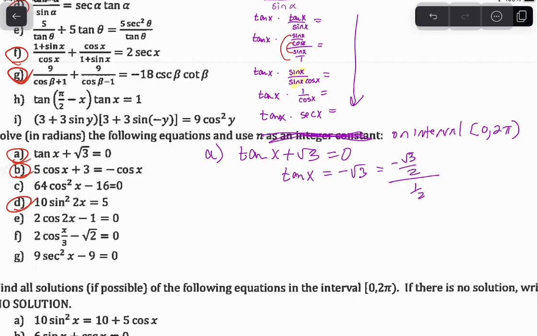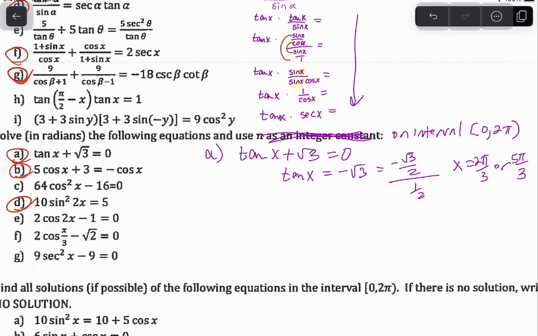And the negative could either be in the top or the bottom, doesn't matter. So that is the 60 in the second quadrant, which would be 2 pi over 3. Or the 60 in the fourth quadrant, which is 5 pi over 3. So, you've got to remember your rules of equations.